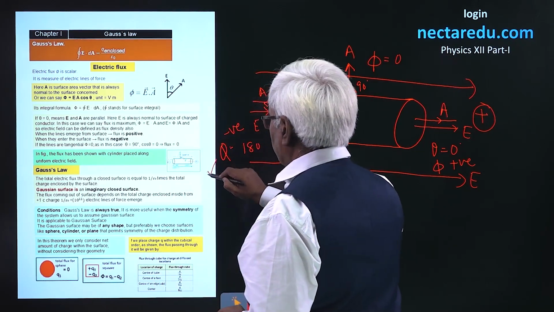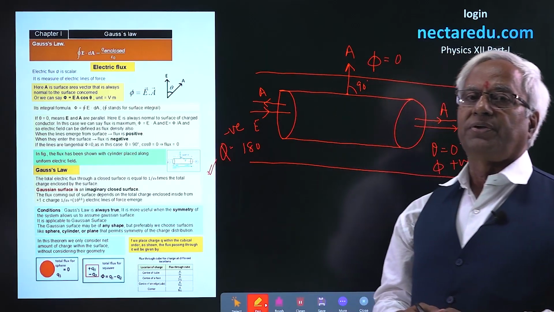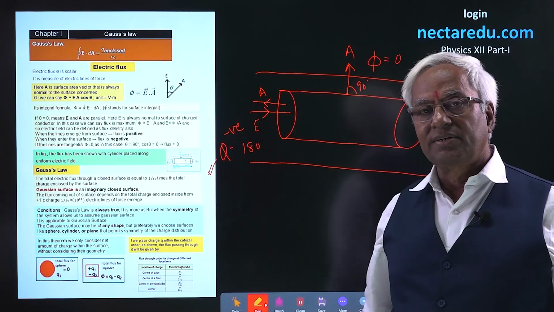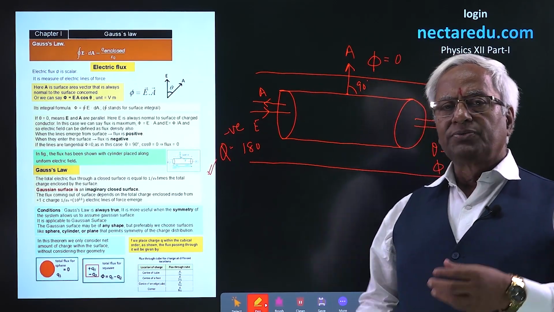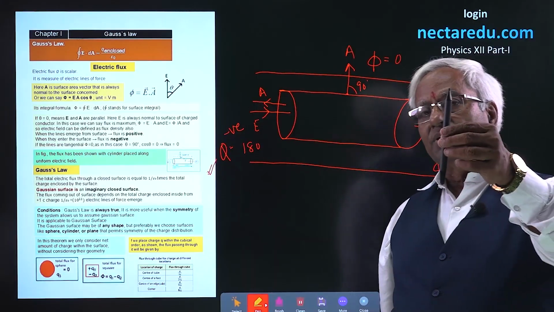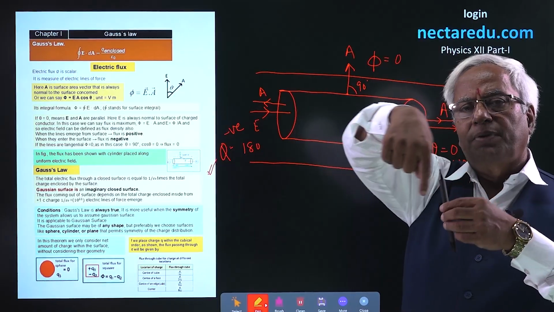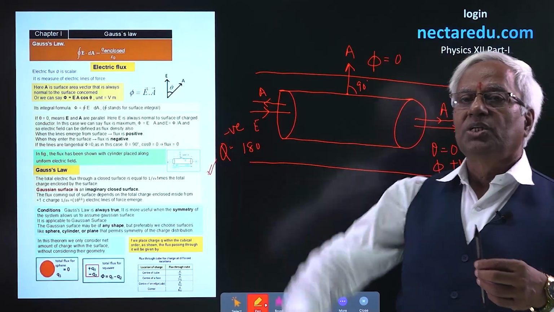This is covered. This theorem is always applicable to a Gaussian surface. What's a Gaussian surface? It's purely imaginary, it doesn't exist. You have to suppose it. For example, if you consider a line charge, a cylindrical charge this way, then we might consider another big cylinder around it, and that would be considered as the Gaussian surface.